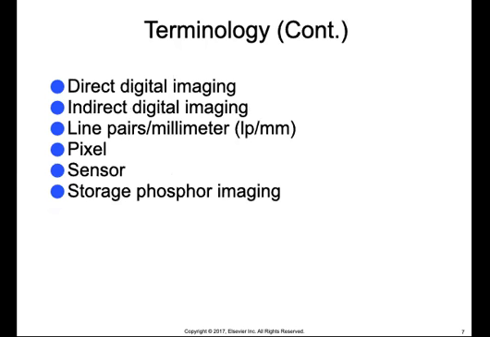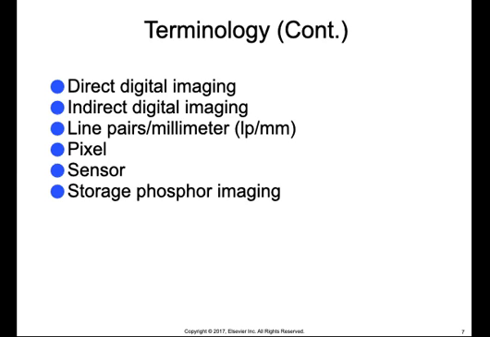Direct digital imaging refers to a method of obtaining a digital image in which an intraoral sensor is exposed to radiation to capture a dental image that can be viewed on a computer monitor later. Indirect digital imaging refers to a method of obtaining a digital image in which a sensor is scanned following exposure to X radiation and then converted into a digital form that can be viewed on a computer monitor.